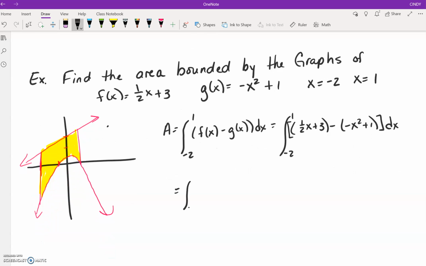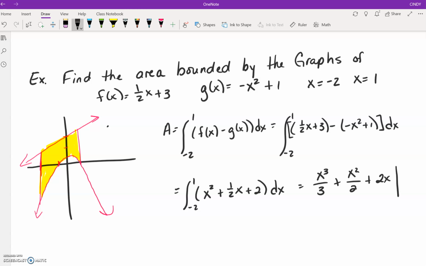So the integral between -2 and 1, if you get your like terms together, I get x squared plus 1/2 x plus 2 dx, and now we're ready to integrate. This is x cubed over 3 plus x squared over 2 plus 2x.